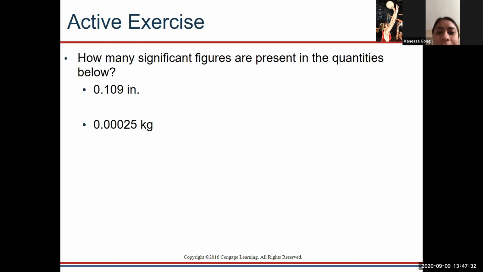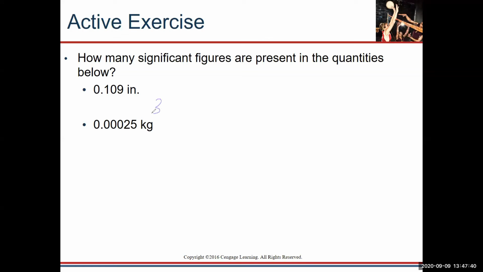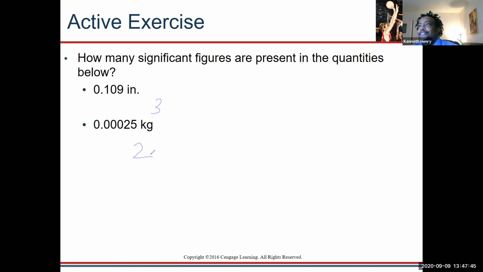Three. Okay, and the next number? 2. Okay, piece of cake? Yeah.